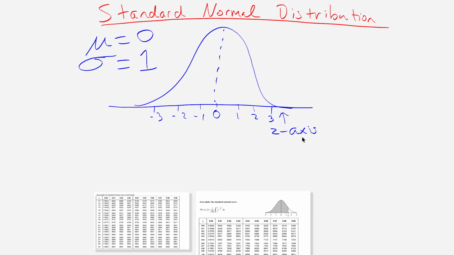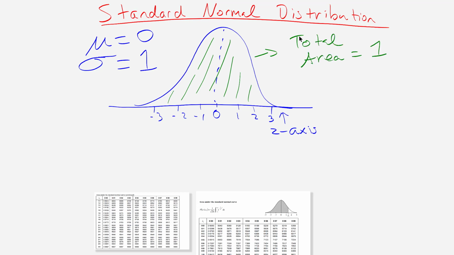What's important to understand is the way we have set up this standard normal distribution curve is that the total area underneath the curve is equal to 1. So we can connect this to probabilities and proportions because the sum of all probabilities adds up to 1. So this represents 100% of our data if it totals up to 1.